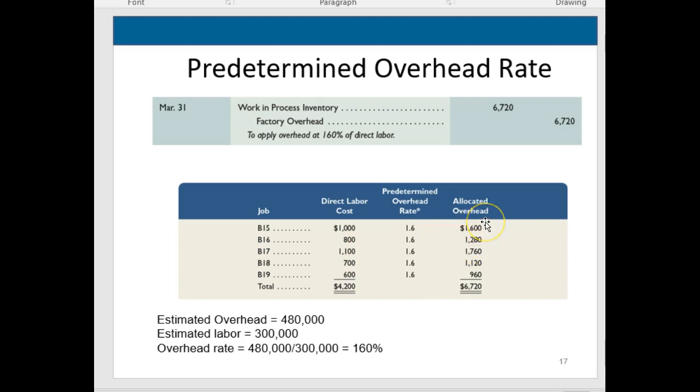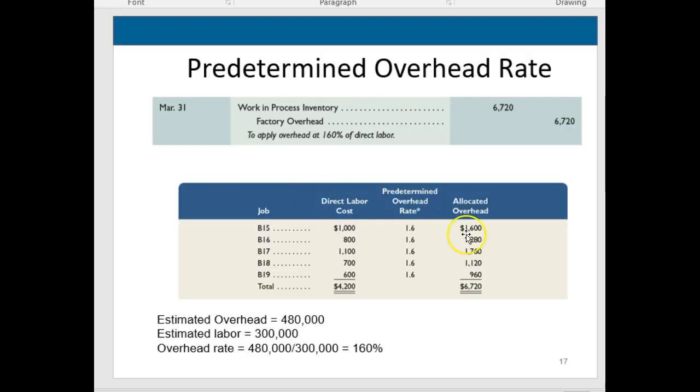So this is our applied or allocated overhead using a predetermined rate, and that's not the actual overhead. That's just an overhead we're using to estimate the job cost at this point.